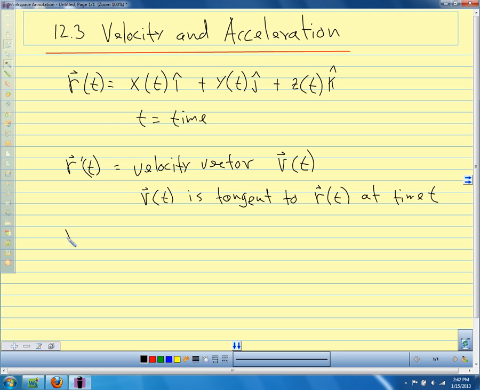And if we differentiate again, r double prime is going to be our acceleration. And we usually write a of t for our acceleration. And the speed is the magnitude of the velocity.